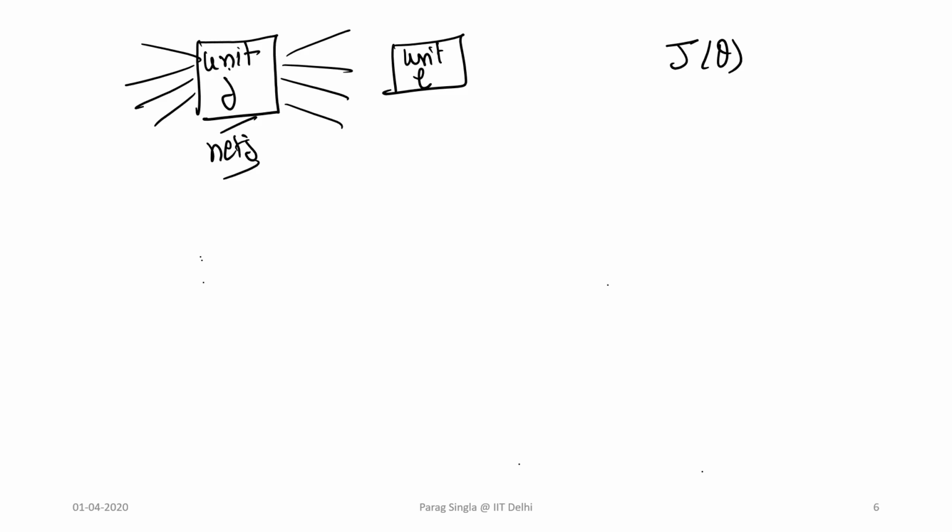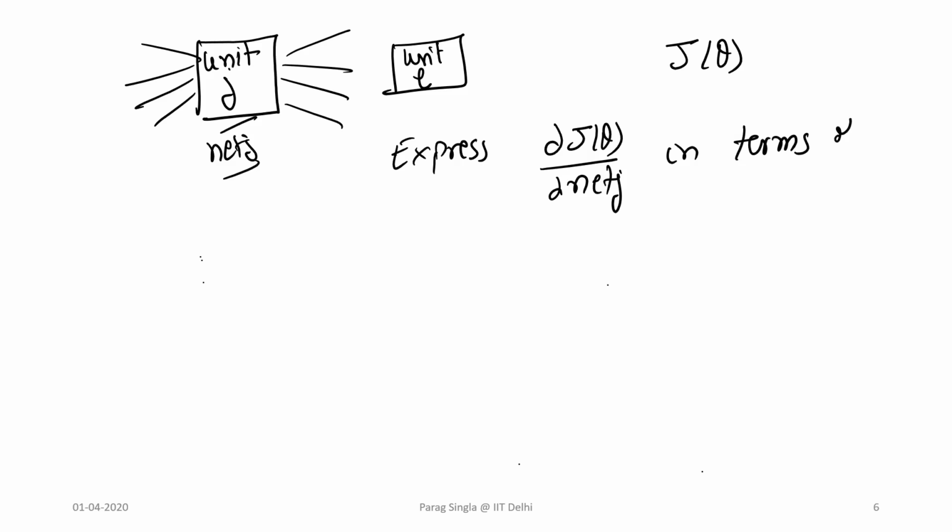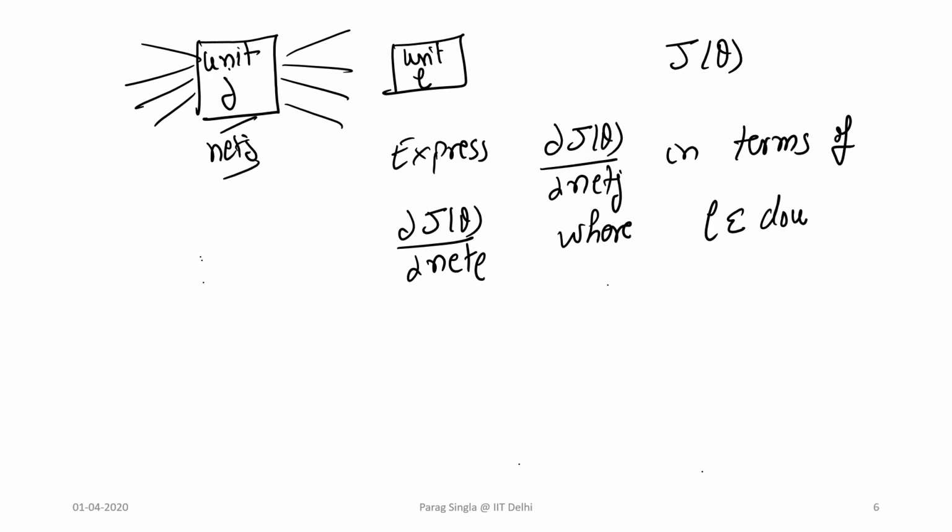And this will be the key idea that we'll use: we will express the derivative of J theta over delta net j in terms of the derivative of J theta over delta net L, where L belongs to the downstream neighbors of unit j.